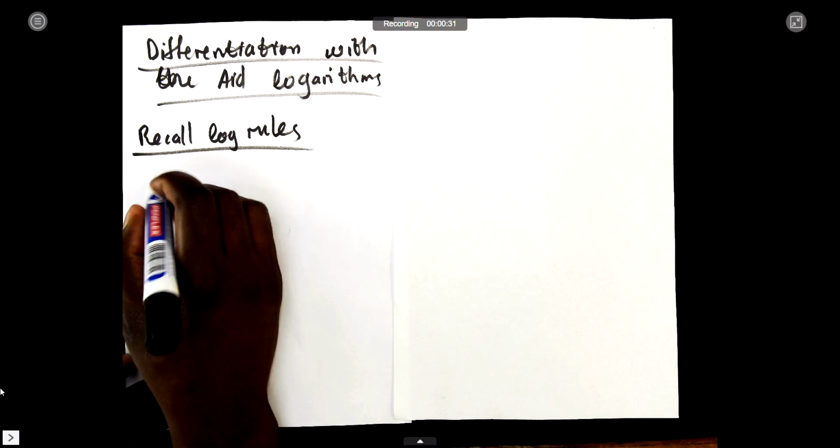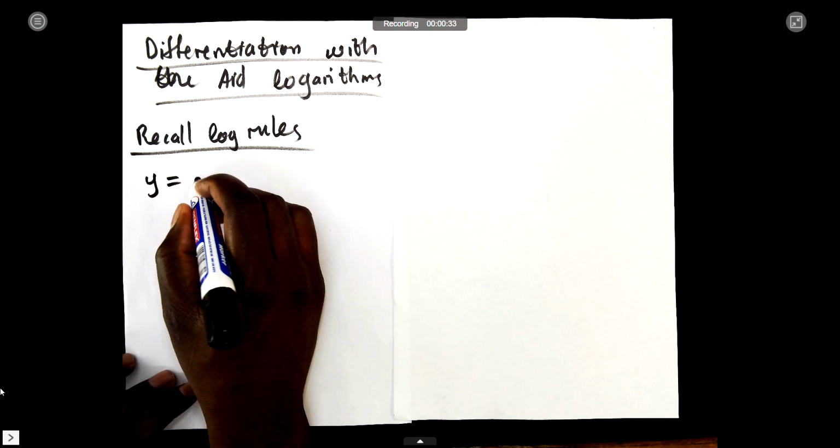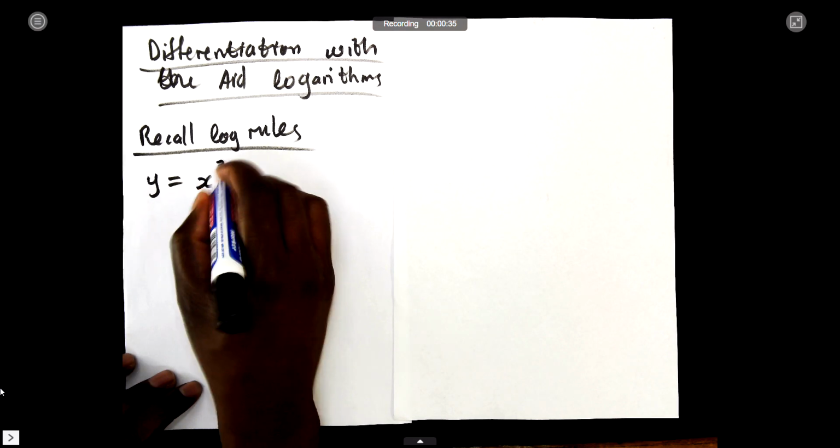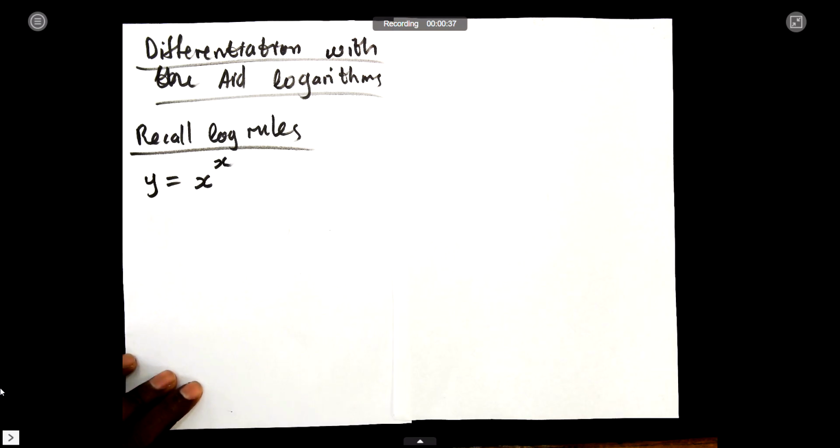So for an example, let's say we're given y equals x to the power of x. We need to differentiate the following. So when you do inspection, the base is a function, the exponent is a function.